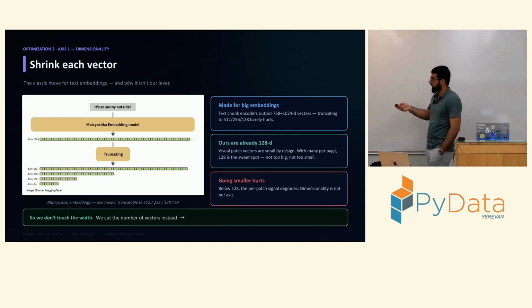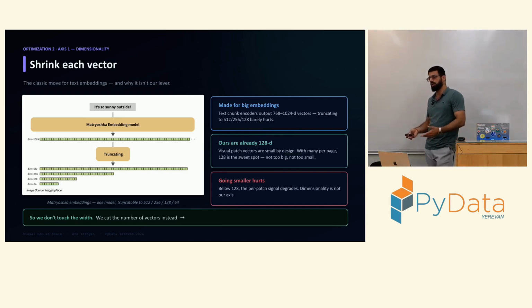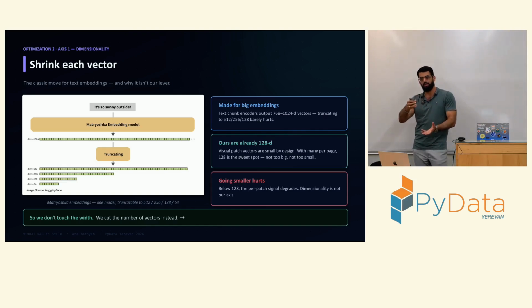For the first approach, there are actually very good studies on decreasing the dimensionality. Probably most of you have encountered the idea of dimensionality reduction, whether through PCA or other algorithms. In this particular case, there is a famous strategy for regular text-based RAG systems called Matryoshka. Matryoshka is this Russian doll where you have the same toy in different sizes, one inserted in another.